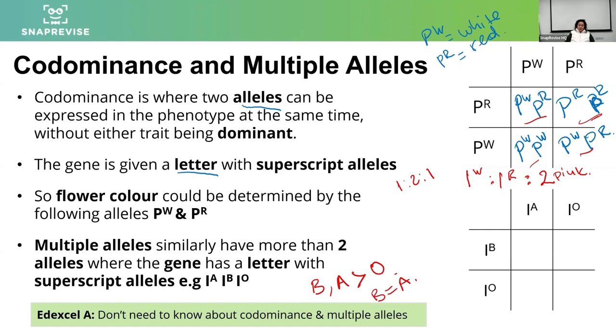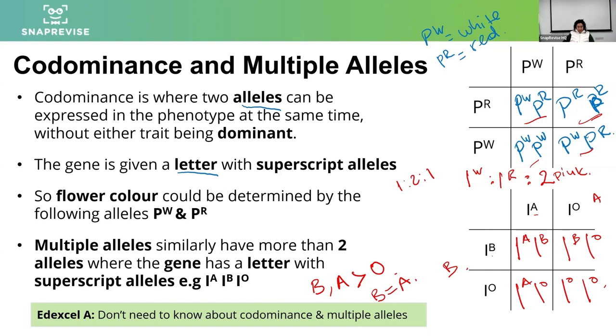So if we fill out this Punnett square, this is an individual with blood group B, this is an individual with blood group A, because A is dominant over O, and B is dominant over O. And so here we have an individual that has these 2 alleles. So what are the phenotypes now?